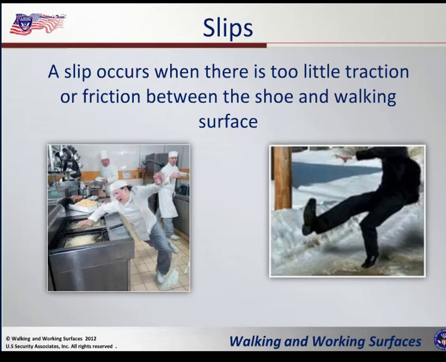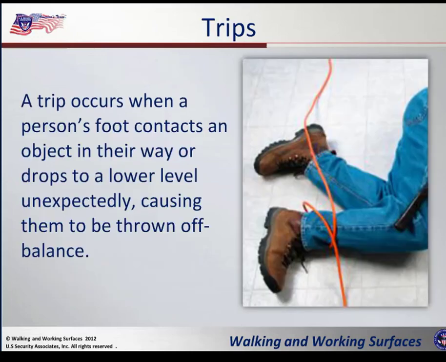The man in the second picture is trying to walk on ice with very slick soles on his shoes. Trips. A trip occurs when a person's foot contacts an object in their way or drops to a lower level unexpectedly, causing them to be thrown off balance.